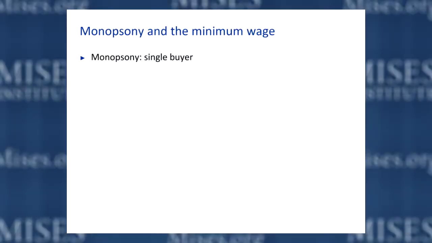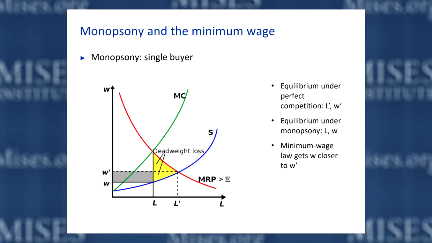So there's a diagram that is analogous to the monopoly diagram in neoclassical economics. Here we have a downward sloping demand curve, the red line. This is a labor market, supposedly. An upward sloping supply curve. But because instead of many competing buyers, you only have one dominant buyer, that buyer does not have to choose prices where demand equals supply.